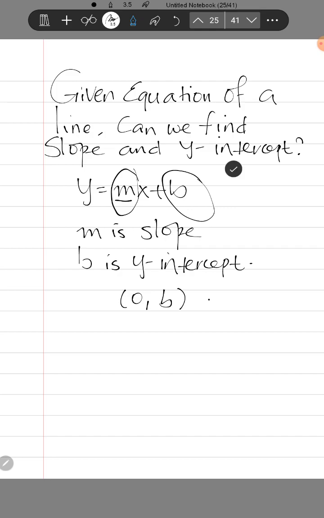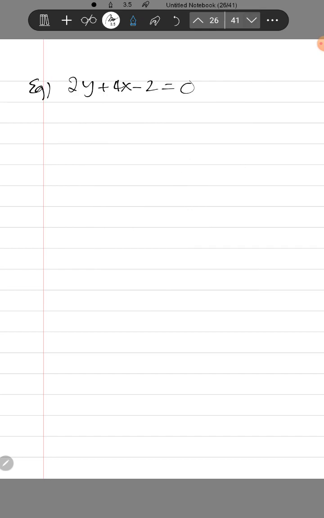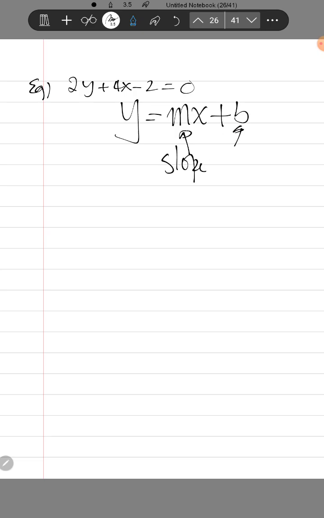Let me give you a few more examples on this one if required. This is the equation given. We have to put it in the format of y is equal to mx plus b. This will help us easily to find out the slope and the y-intercept. Here is the slope, here is y-intercept.